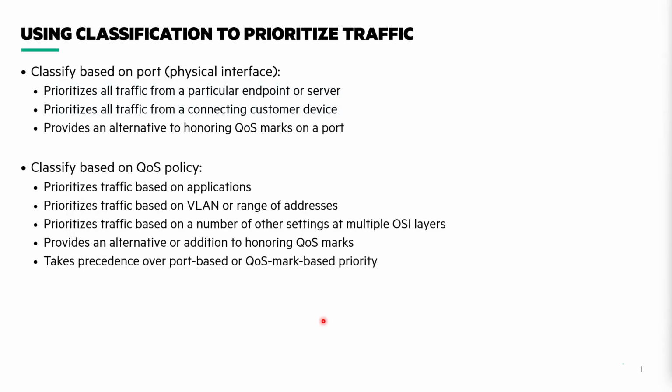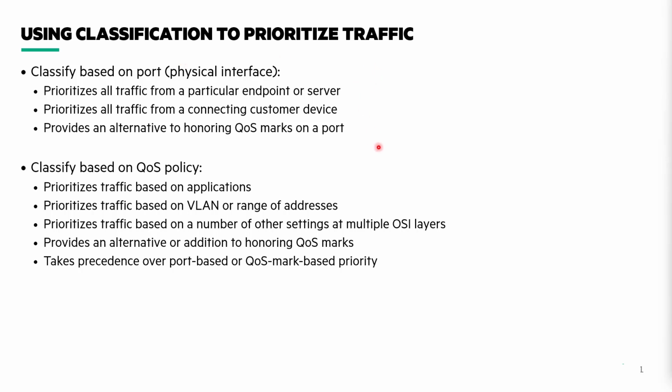Now, I can use a classification based on certain parameters to prioritize the traffic. I can classify. Classify means I need to look at the traffic as per certain criteria, based on the port, physical port, right? So I say, okay, whatever comes to that port, I will treat it this way.